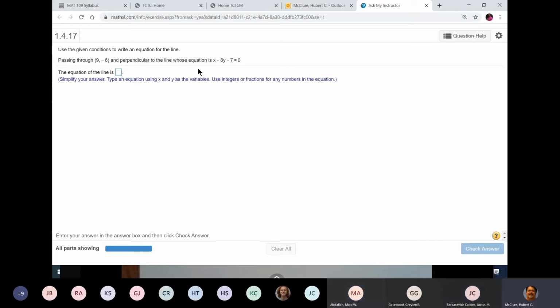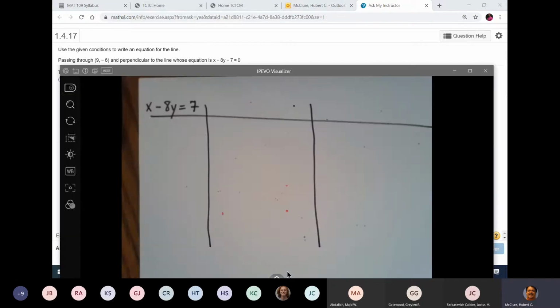Okay, here, this one is, I'm going to try to make the middle one a little bit wider this time. There we go. And we've got x minus 8y is equal to 7. And the orange, I just do it in different colors.